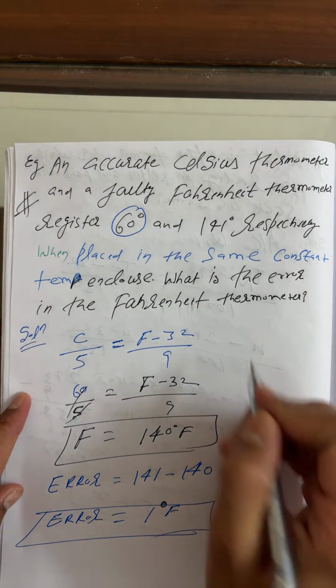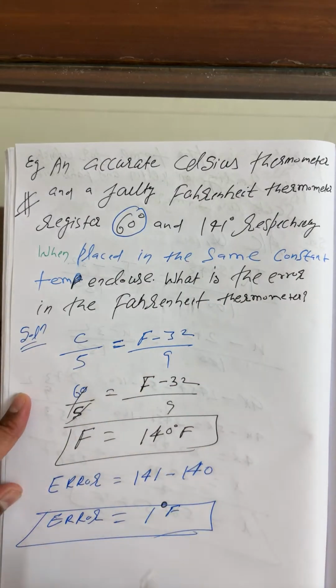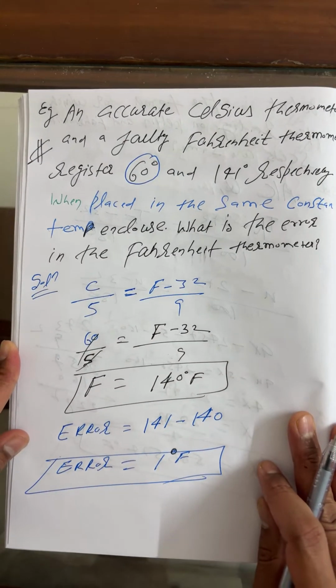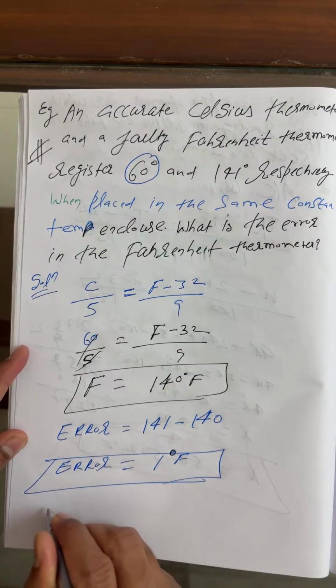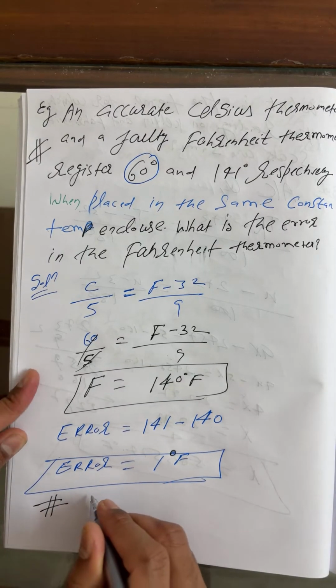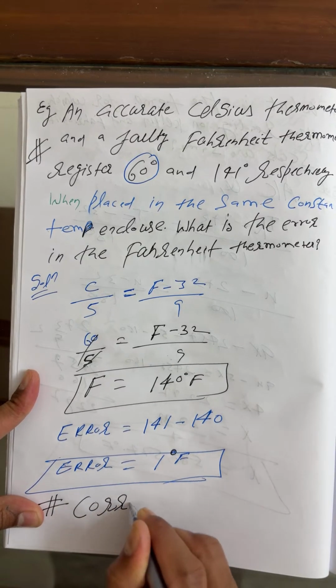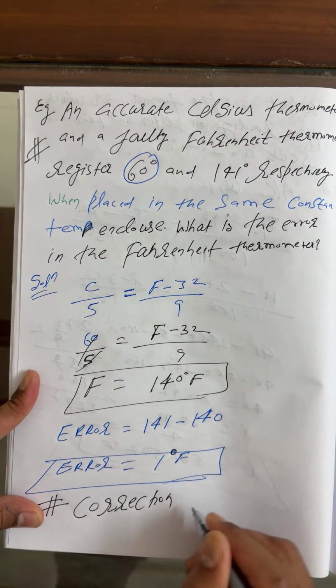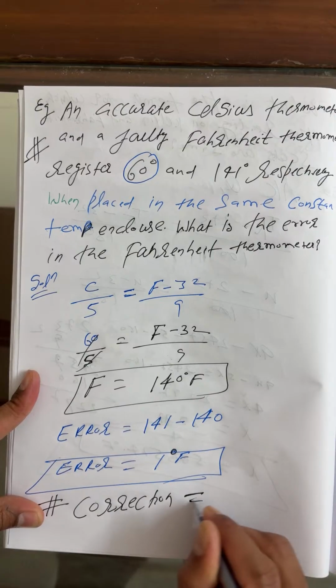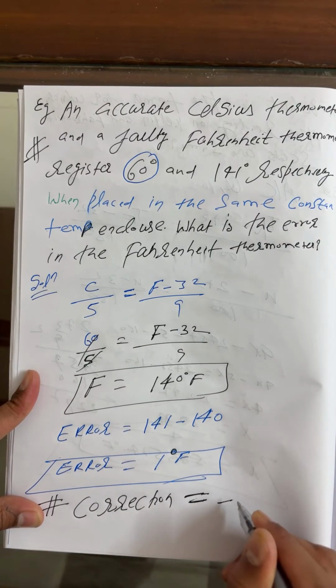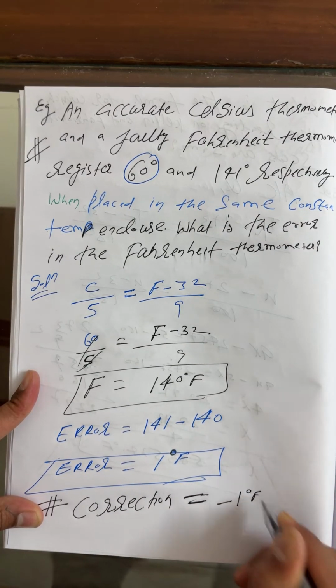Okay, they can also ask here, what is the error? They can ask one more question. Now I'm going to add it over here. They can also ask for the correction. So what is the correction? Minus 1 degree Fahrenheit.